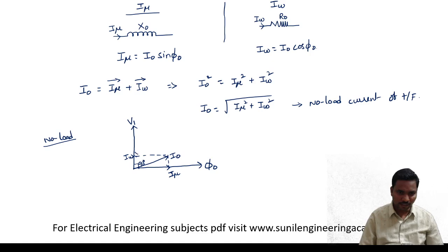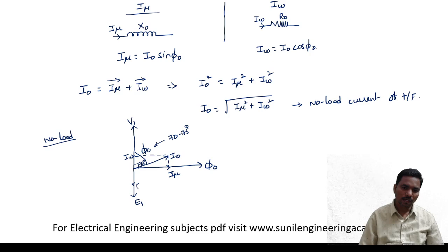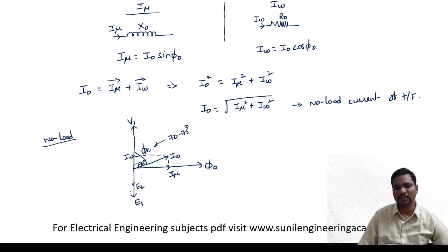So the angle between V1 and I naught is phi naught. The phi naught value is very high, nearly 70 degrees. And we know very well about E1 and E2: the angle between the voltage and the EMF is 180 degrees. We have already discussed this in the first class.